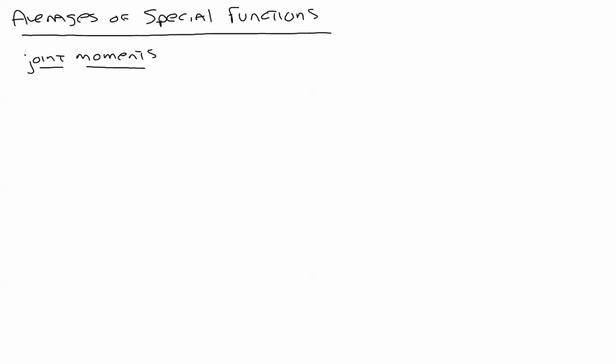It's going to look like this. M sub mn is going to be the expected value of the product of x raised to the mth power and y raised to the nth power.